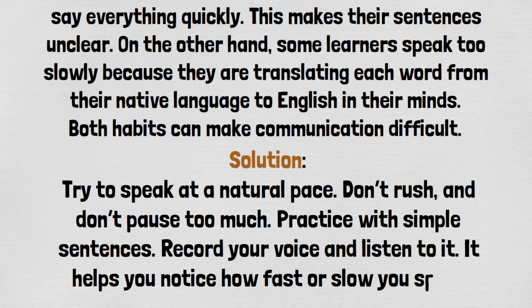Both habits can make communication difficult. Solution: try to speak at a natural pace. Don't rush and don't pause too much. Practice with simple sentences. Record your voice and listen to it. It helps you notice how fast or slow you speak.